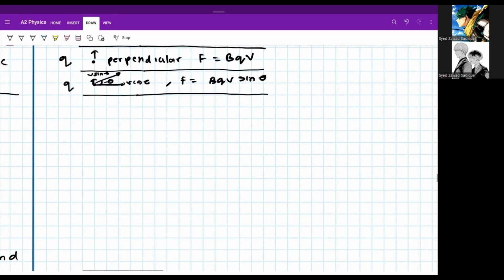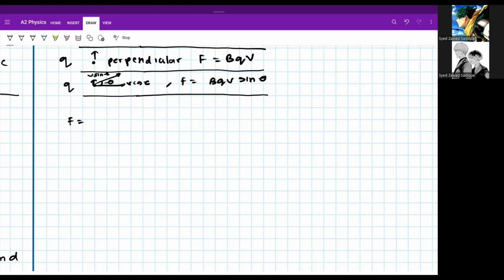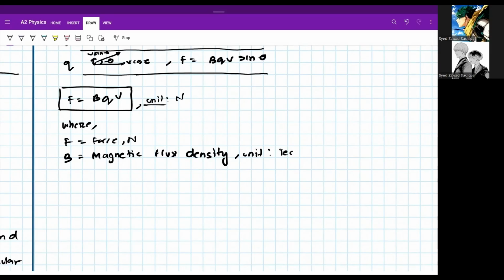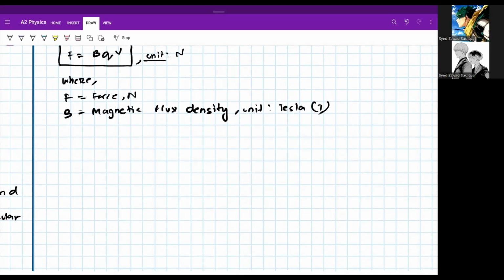So the general formula for the force on a charged particle is F equals BQV sine theta. Unit is Newton, where F is force, B is magnetic flux density, unit Tesla, Q is charge in Coulomb, and finally V is velocity in meters per second.